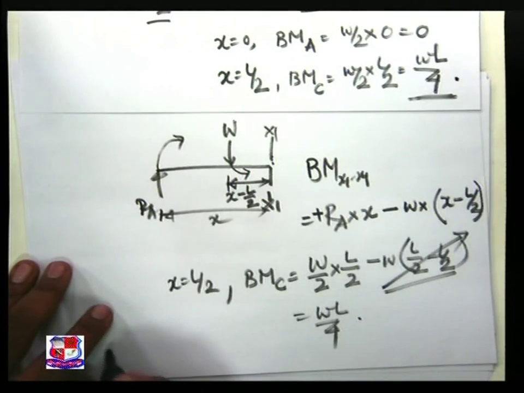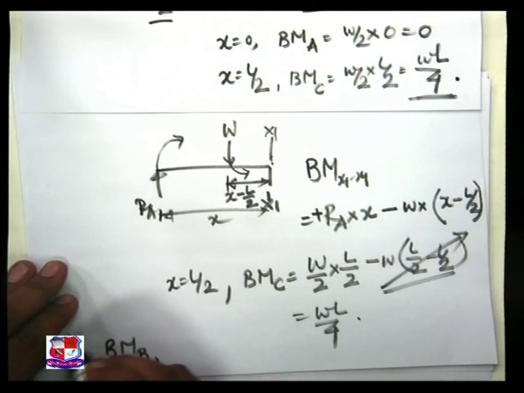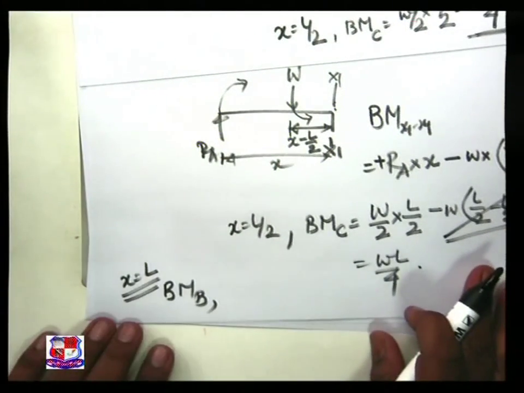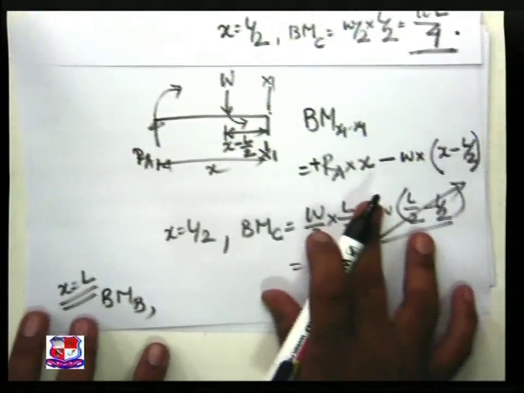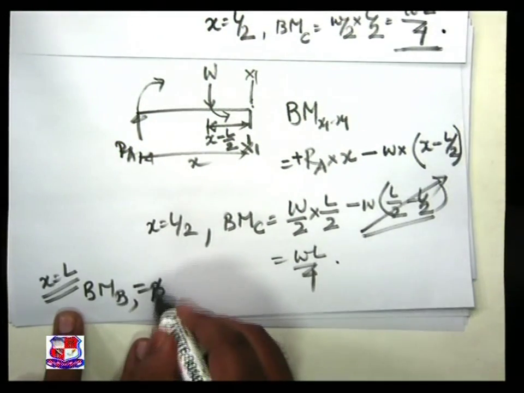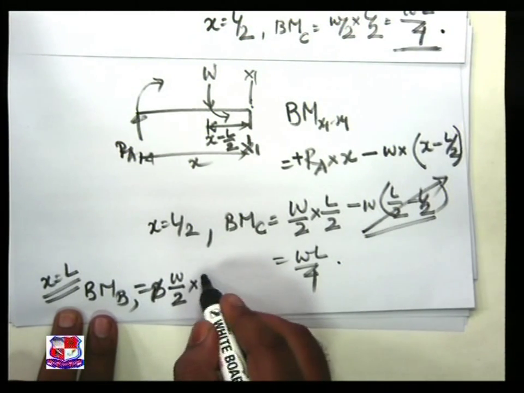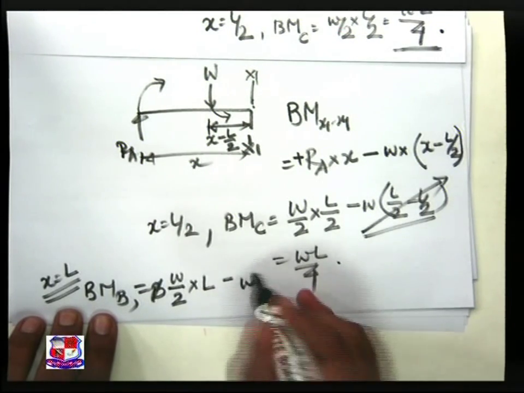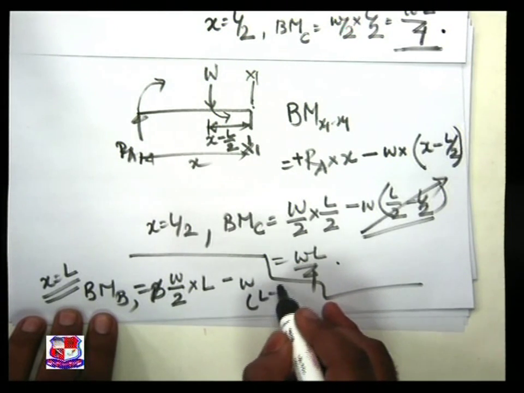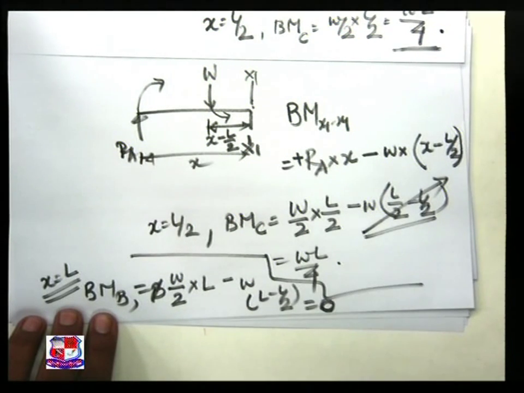Now let us find out the bending moment at B by putting x equal to L. If we put x equal to L in this equation, the bending moment at B is equal to W by 2, that is RA, into L minus W into bracket L minus L by 2, and if you simplify, this gives us the answer 0.